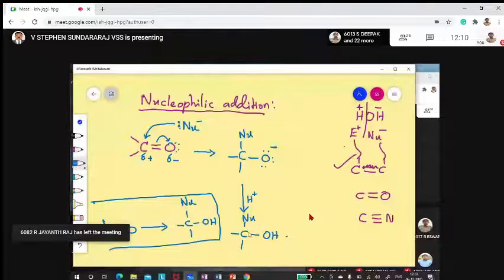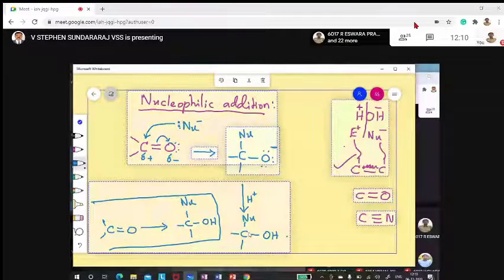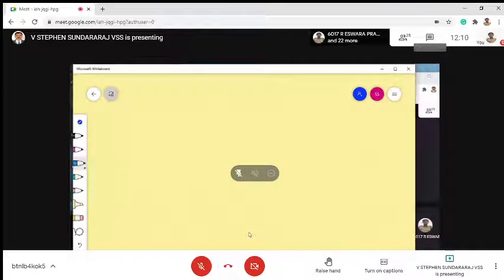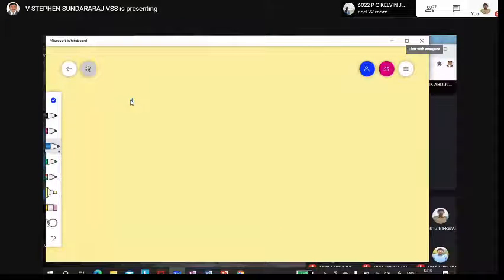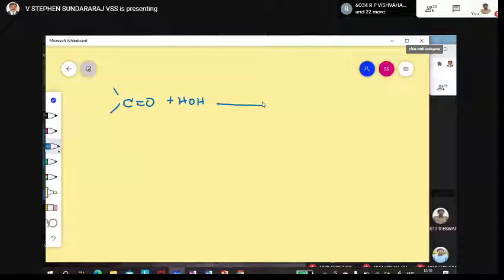Right? Okay. Now all of you add water. Add water is the reagent. Water is the reagent, acidified water. Now write down this: C double bond O plus HOH. In this HOH, this is the nucleophile and this is the electrophile. So the nucleophile OH will be here, and H here. You see what happened?